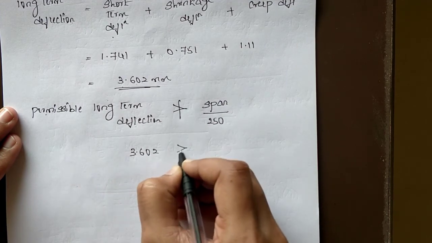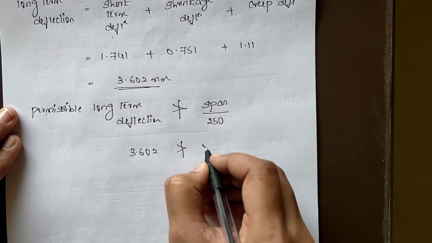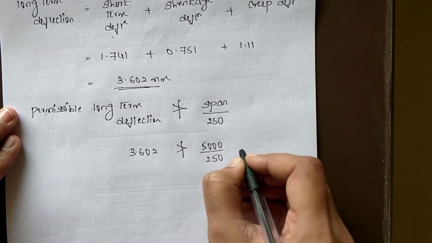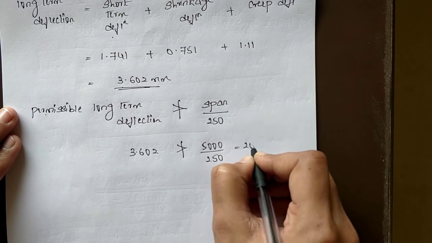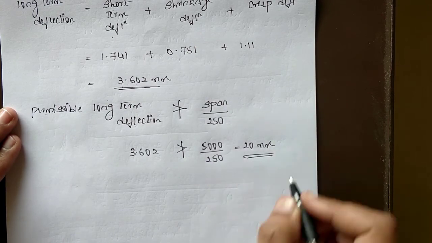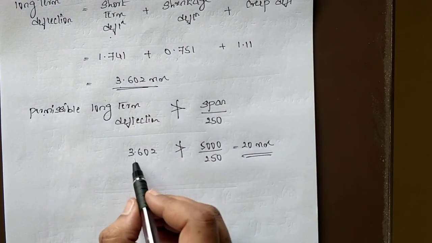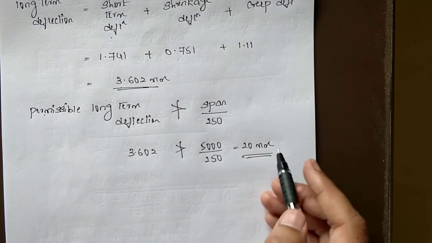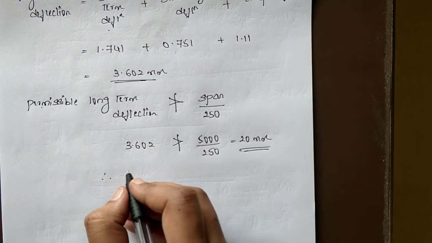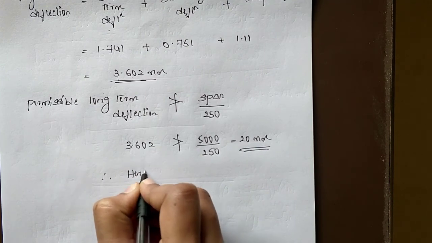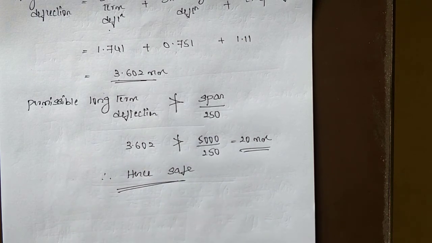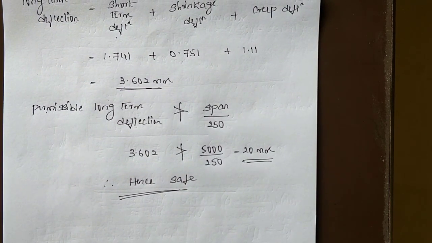Span is 5 meter, substitute in mm, 5000 divided by 250, you will get 20 mm. The long term deflection is 3.602. It is not greater than 20 mm. Therefore, hence safe. Hence safe. Thank you.